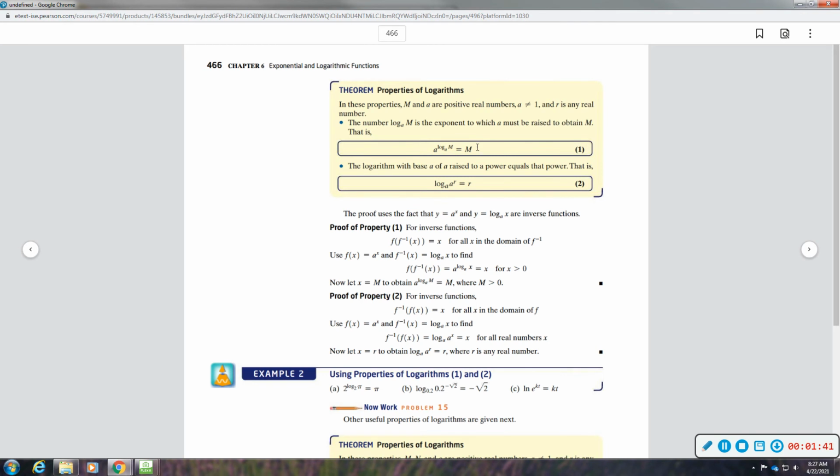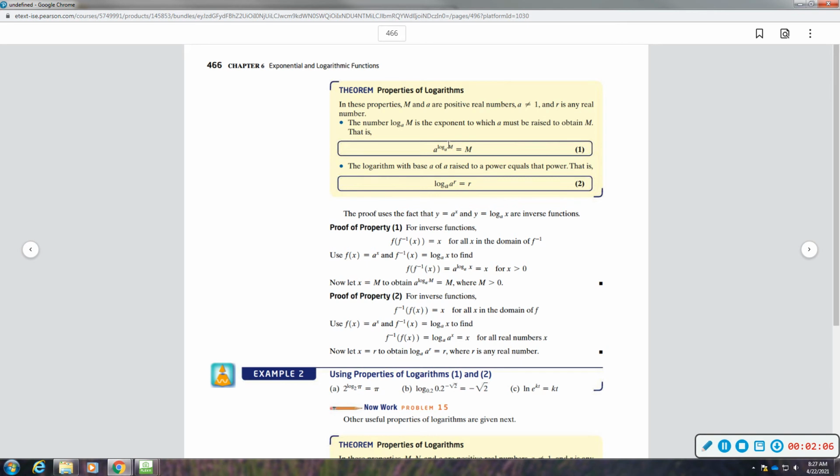In this property, we also see the same thing. It's also kind of like a cancellation property. If you have base a and then you raise it to the exponential power log base a, again, the same thing happens, that base a and this log base a cancel each other out, and you just end up with whatever term you were trying to evaluate and find the log of.